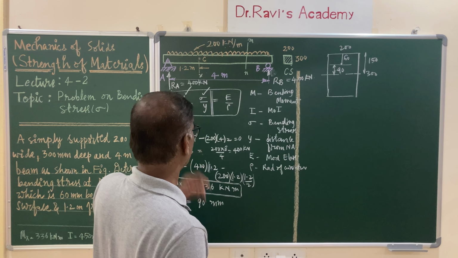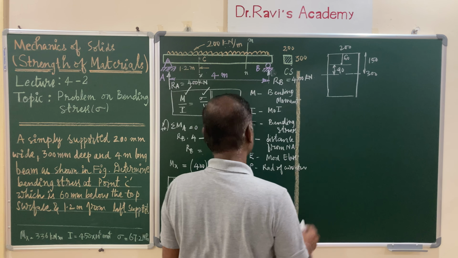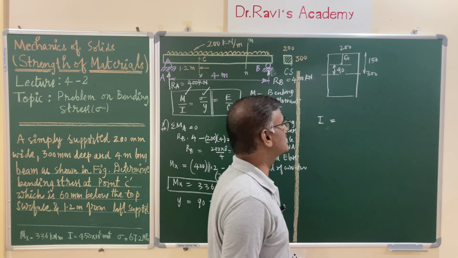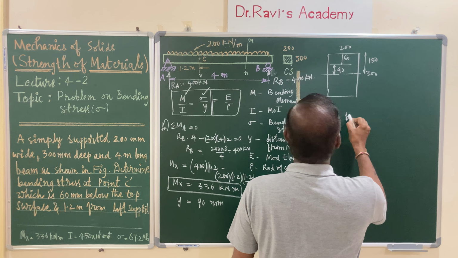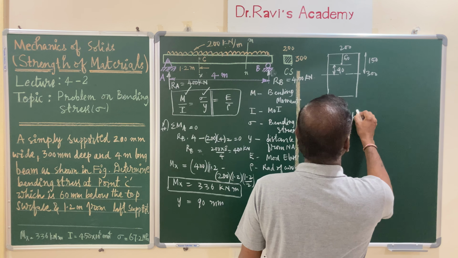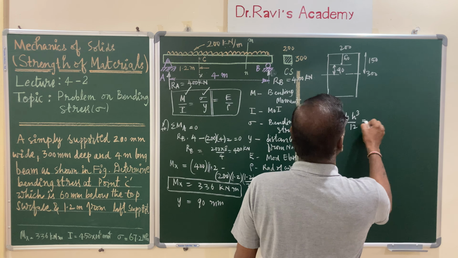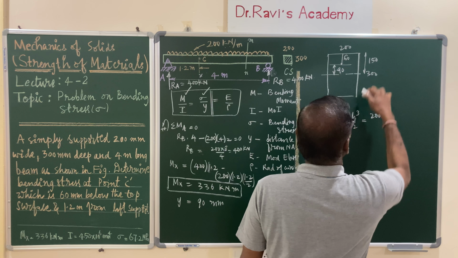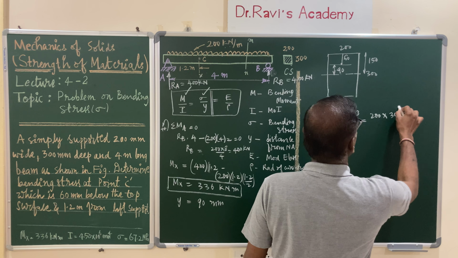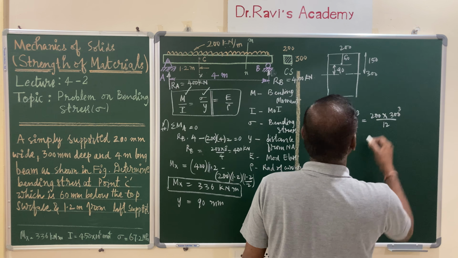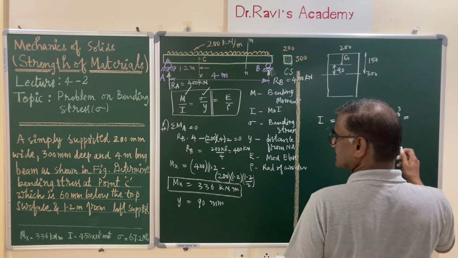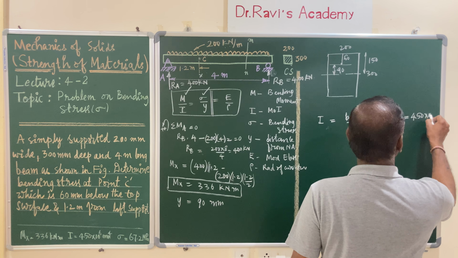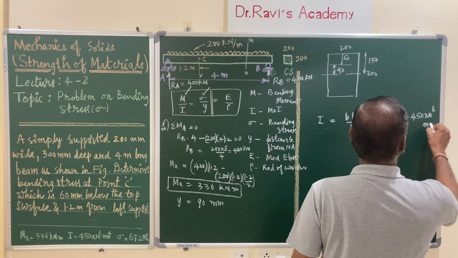Now you have to calculate the I value. I is the central moment of inertia, b h cube by 12. b is 200 into h, the total depth, 300 cube by 12, and if you calculate this, you get 450 into 10 to the power 6 mm to the power 4.